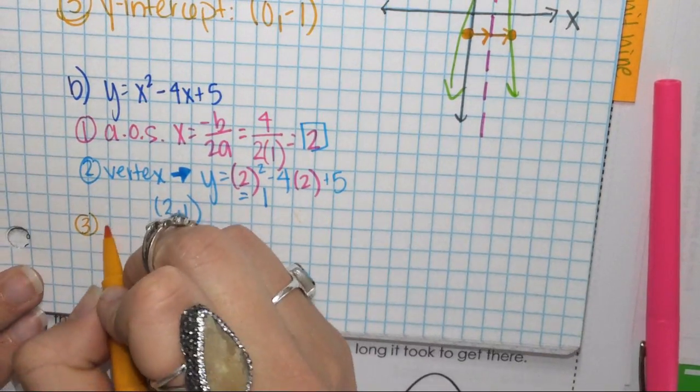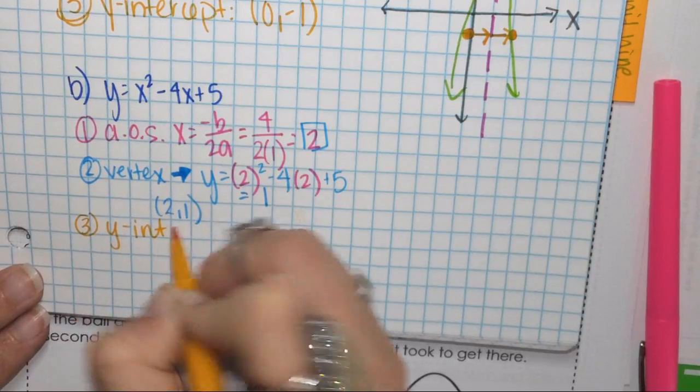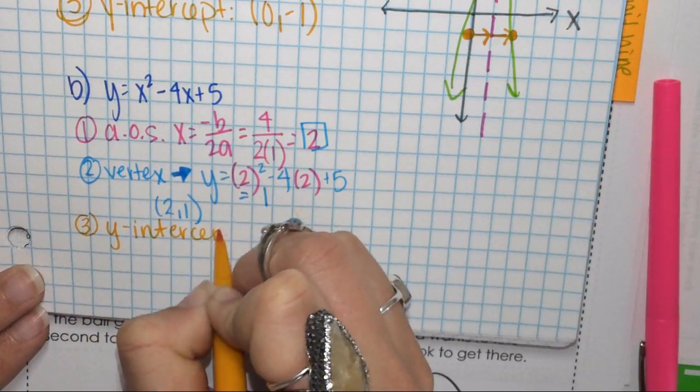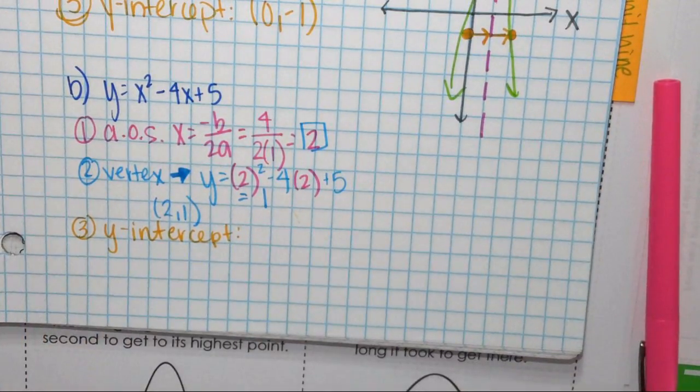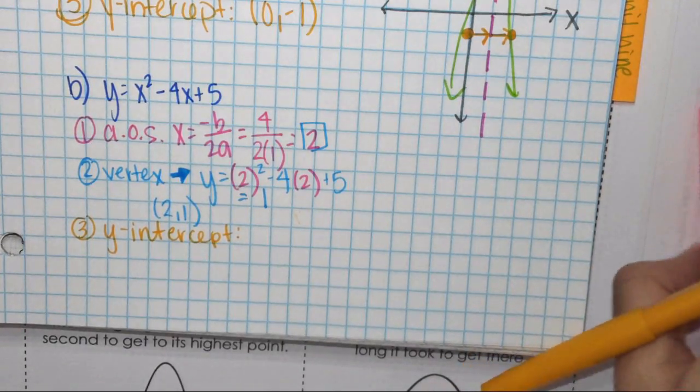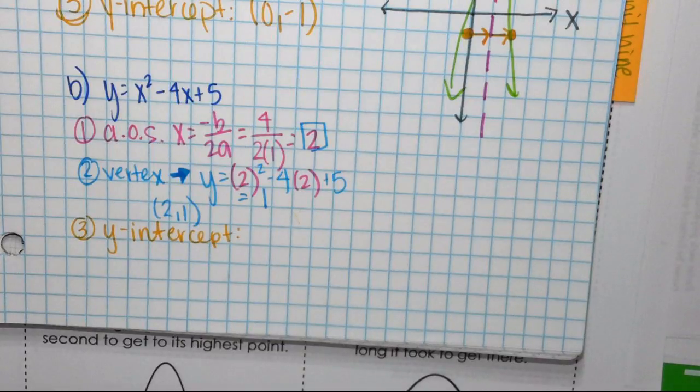All right, and can you tell me what the y-intercept is? No. It's always C. What's our C here?